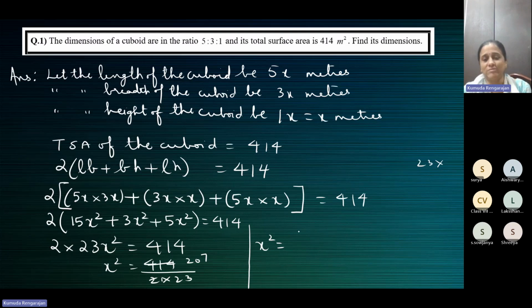Yeah, so how many times? 9 times. Okay, 9 times. So x square is equal to 9. X is equal to the square root of 9. X is equal to 3.